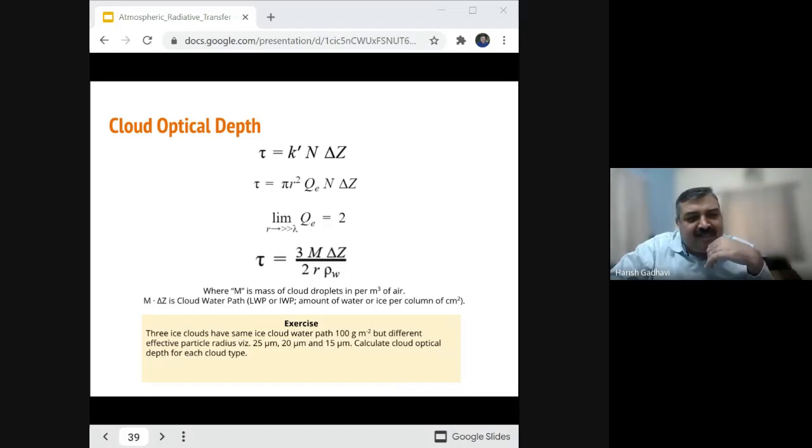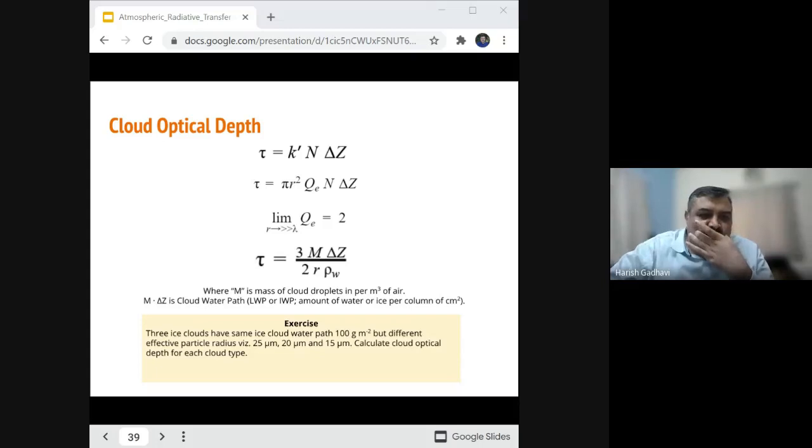Okay, at least a couple of people are doing it. Heath has done the calculation. Heath and Dhani both have got the same answer, 6, for the 25 micrometer. Then Dhani has got the optical depth for the 15 micrometer, and that is 10.